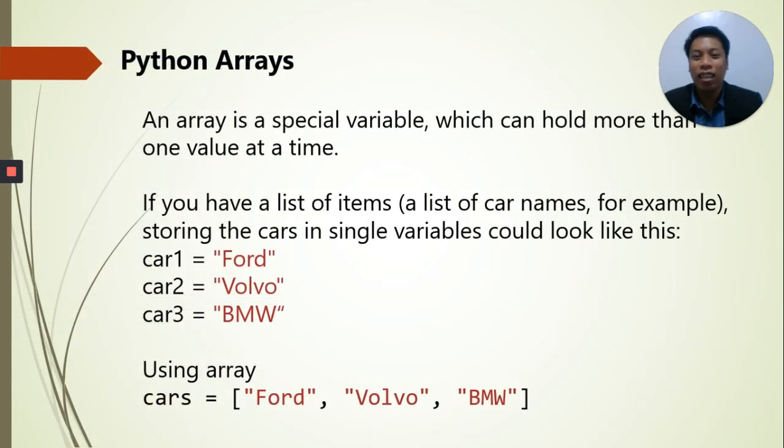Okay, an array is a special variable which can hold more than one value at a time. If we have a list of items, instead of using, just like our example, car 1 Ford, car 2 Volvo, car 3 BMW, we can use an array. Simply use the variable cars equals, and then we include the different types of cars, which is very easy when it comes to manipulating lists in programming languages.